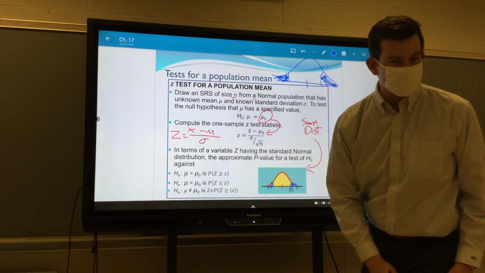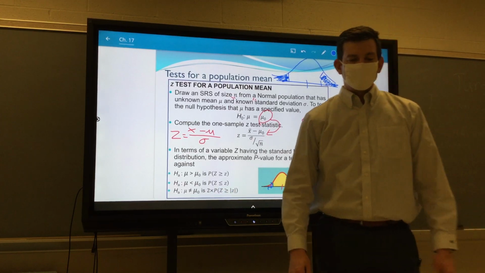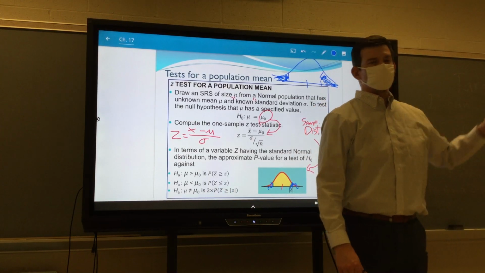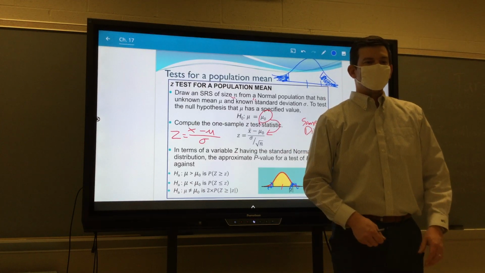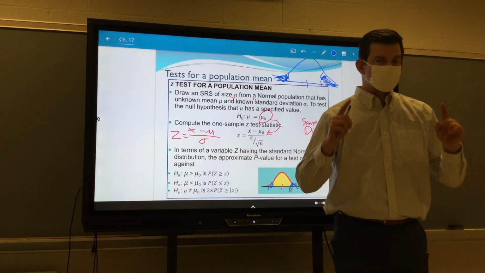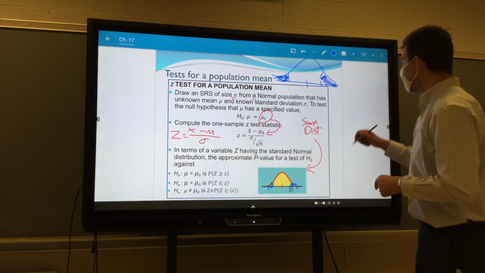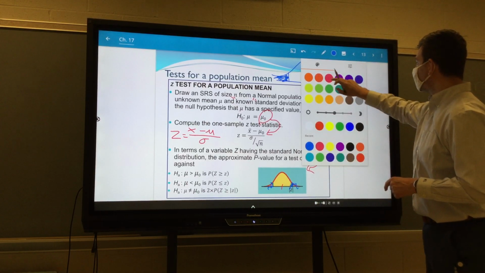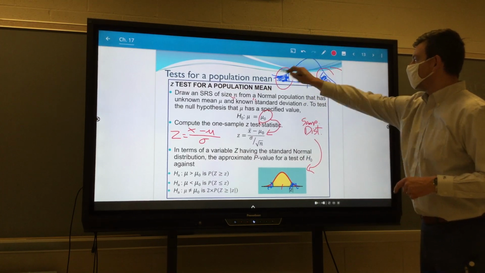But if our alternative hypothesis is saying, I don't care if it's bigger or smaller, I just want to know if it's different, that's a two-sided alternative hypothesis, and we add both of these tails' probabilities together.